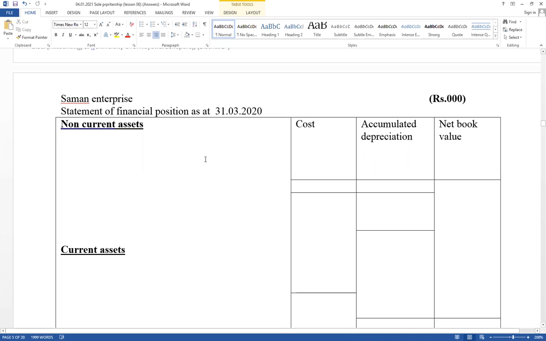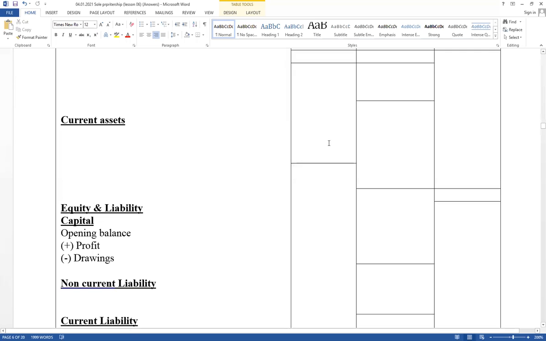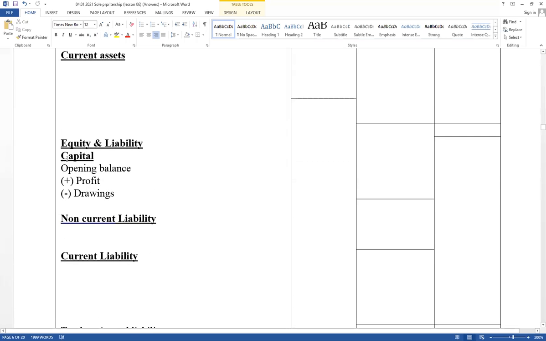Think about land, building, motor vehicle should be included here. And accumulated depreciation should be included in the second column. Then net book value can be calculated. In between current and non-current assets should be included investment and fixed deposit, space for that. Then current assets here.